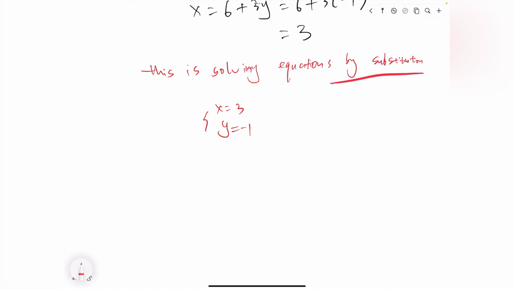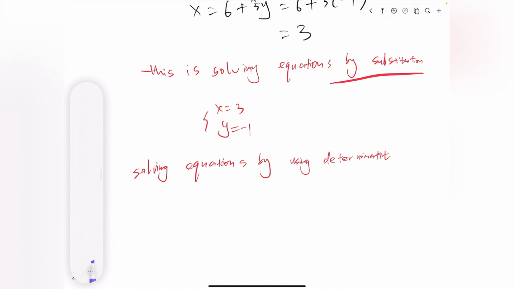Next method, we can look at solving equations by using determinant. So the equation is still x minus 3y equals 6, 2x plus 3y equals 3.